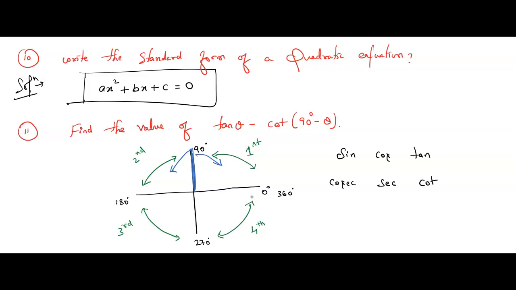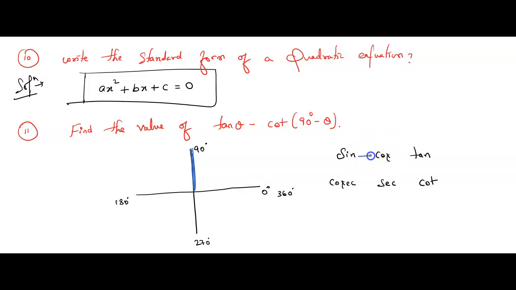But here we are solving the problems with respect to only the first quadrant, right? So here we don't discuss these other quadrants. We are not solving those quadrant problems. We are solving only first quadrant problems.